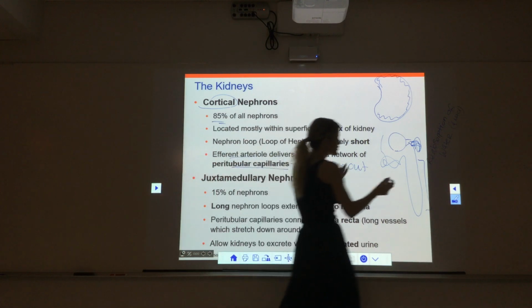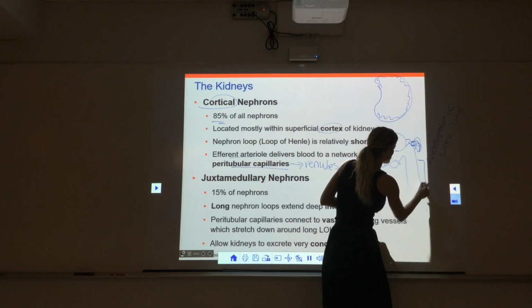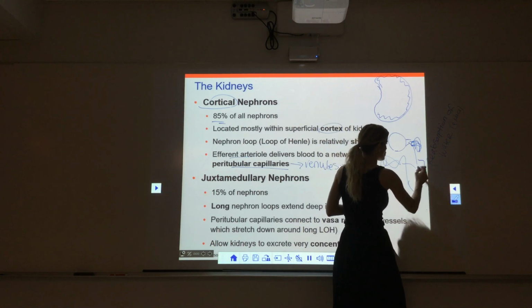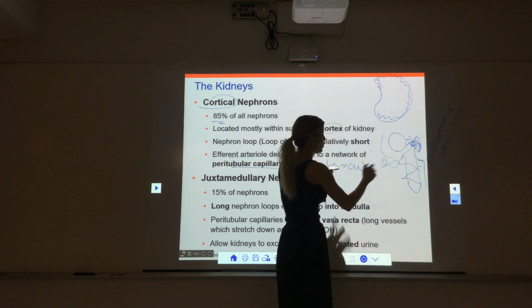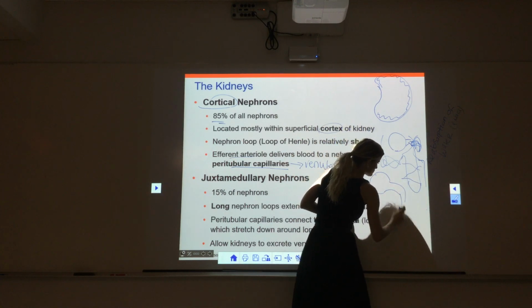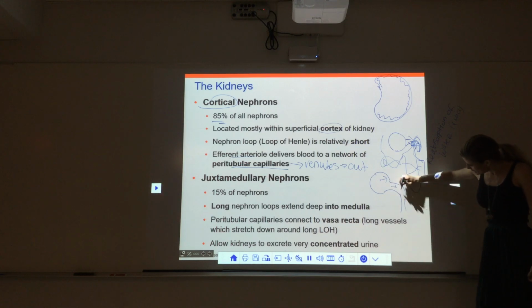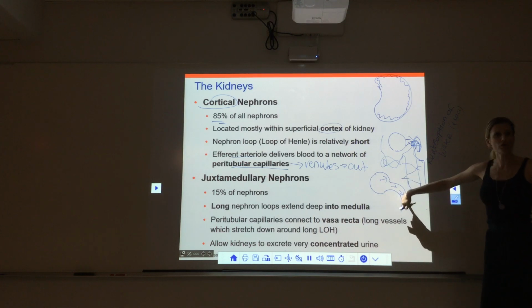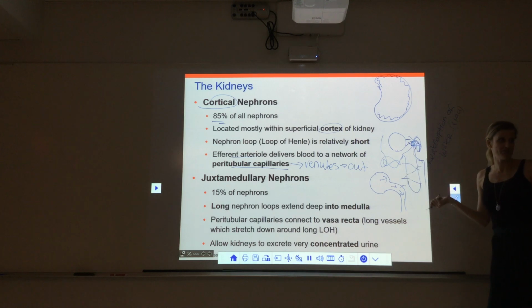Remember, peritubular capillaries are, I drew this kind of long. Peritubular capillaries are the capillaries that go around the tubules. Because remember the whole point here, right? We filter out this fluid out of the blood, right? And then the fluid goes to these tubules. And remember, in the tubule, what are we doing? Reabsorbing stuff. Okay, so we reabsorb stuff from the tubule, and it's got to enter the bloodstream somehow.